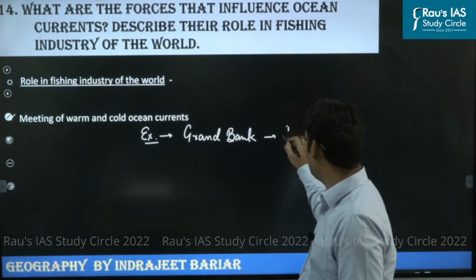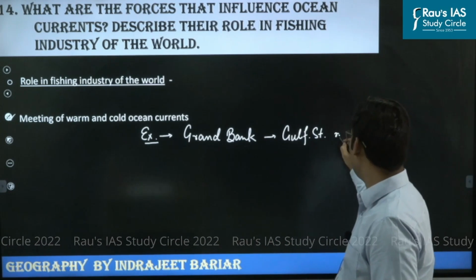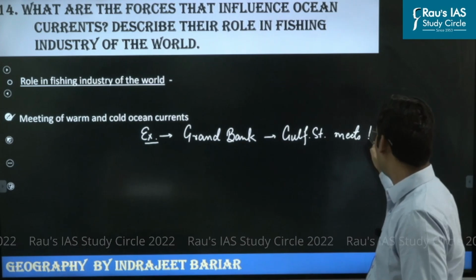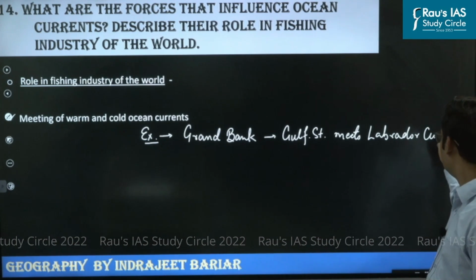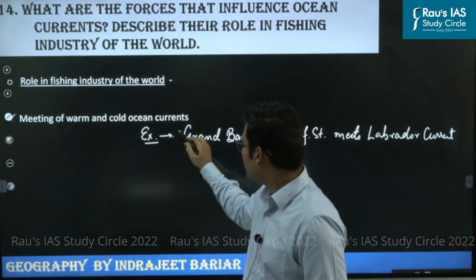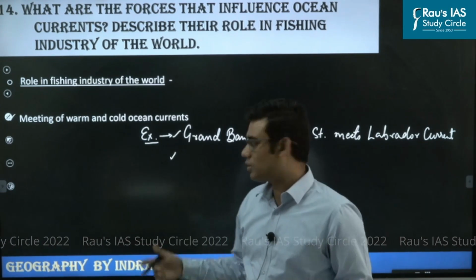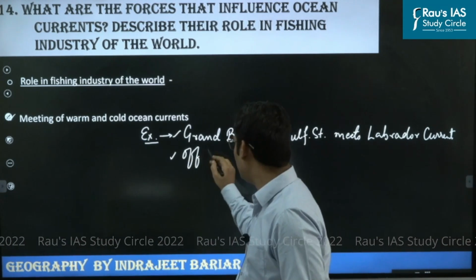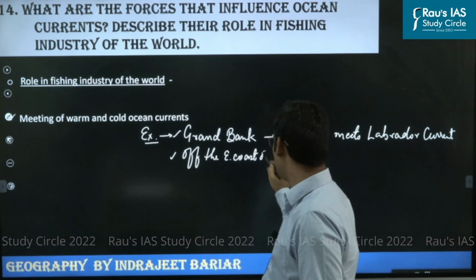This is where the Gulf Stream meets the Labrador current. Similarly, one more example you can provide is the region off the eastern coast of Japan.